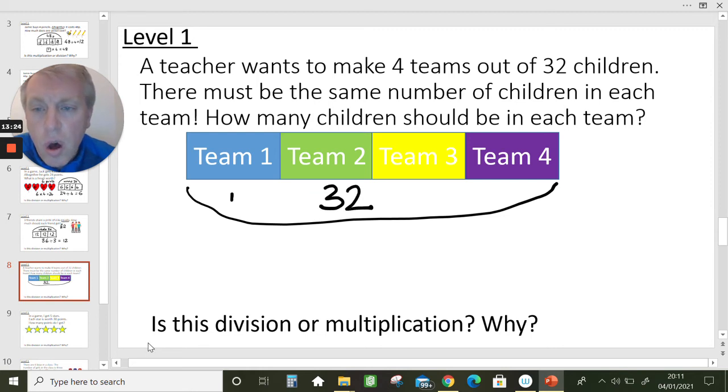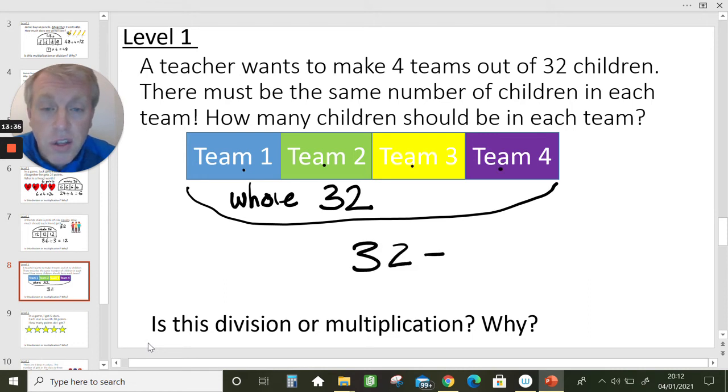So the whole amount is 32 children, split into 1, 2, 3, 4 teams. It's 32 children divided into 4 teams makes 8 children in each team.